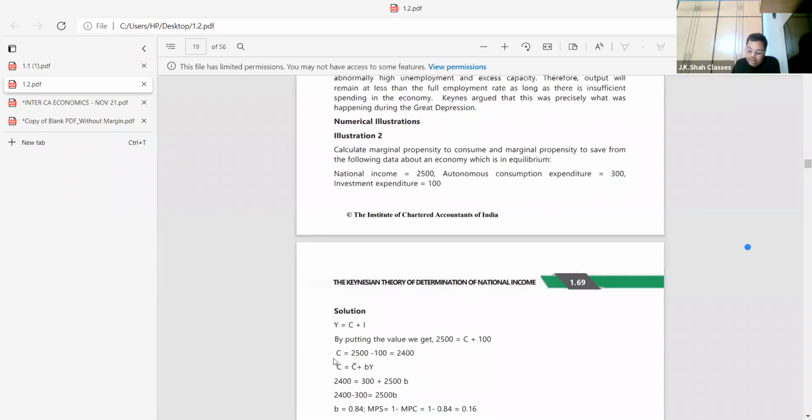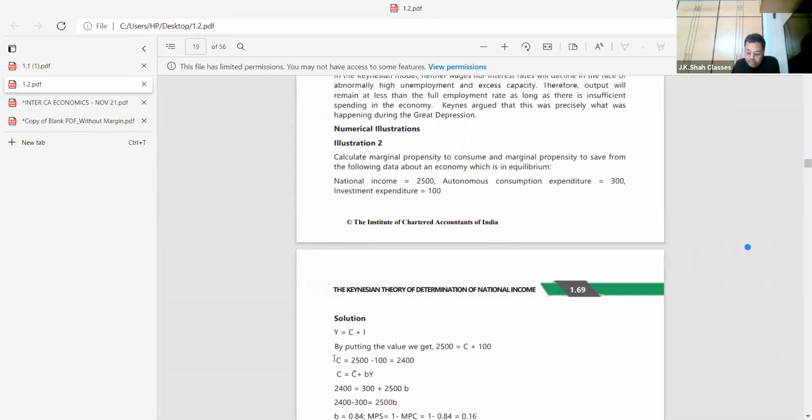In other words, I brought it to one side, so C is 2,400. Now C is equal to A plus BY. All of you, tell me. C is equal to A plus BY. Now if I know C is 2,400, A is autonomous consumption, they have given 300, plus BY. What is BY? Come on, tell me.